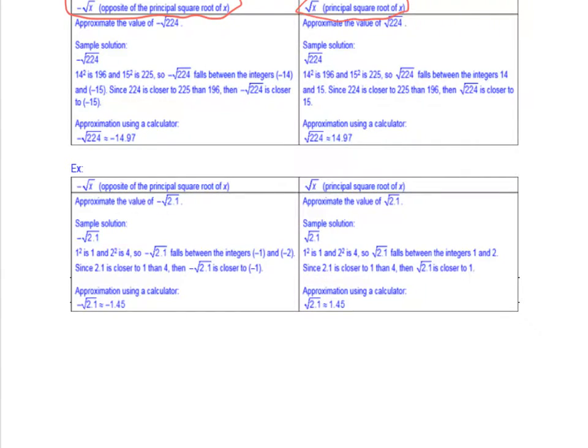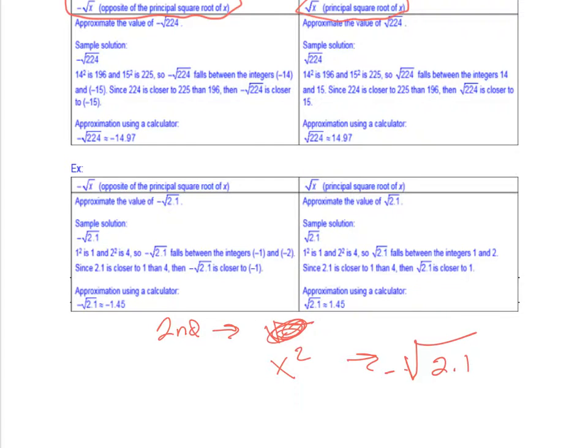We'll do second x squared, which is going to yield us the square root key, and then underneath we'll put 2.1. Or we can put the opposite of 2.1. So this is how we generate these if we're going to use a calculator.